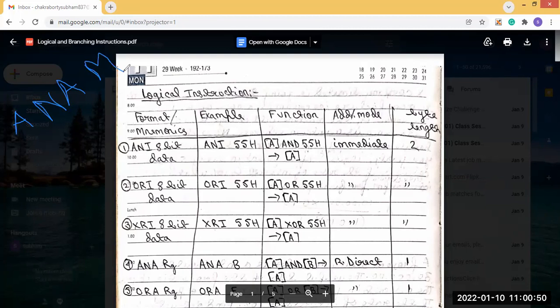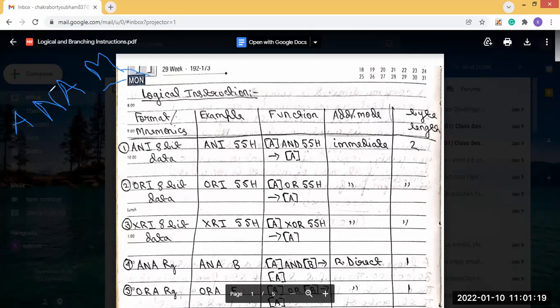ANA means AND operation, and here M is directly mentioned. If M is directly mentioned in the command, then always know that it will be the indirect addressing mode, with no numerical value.